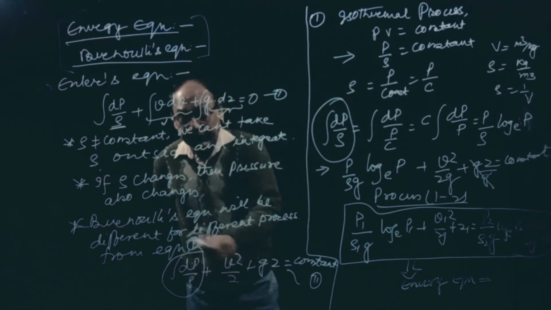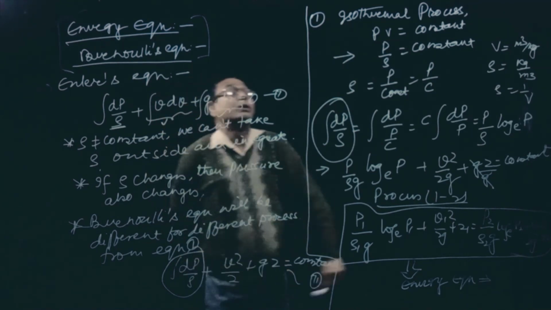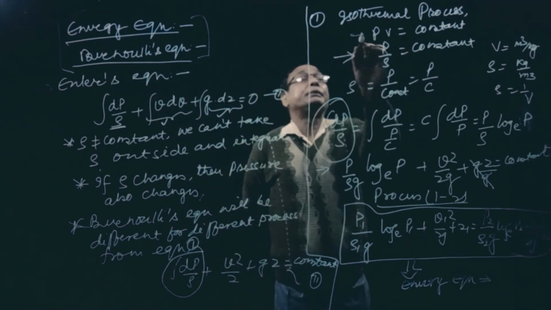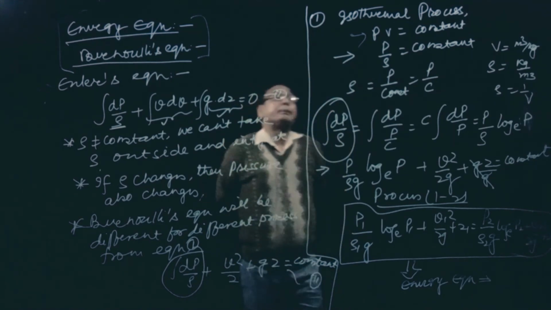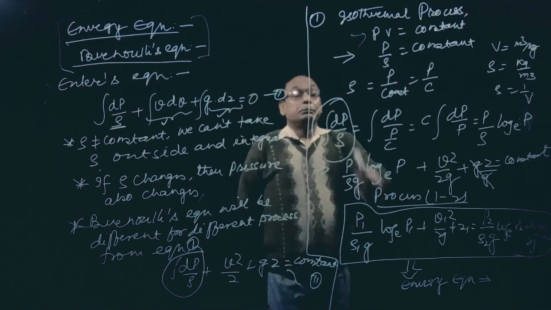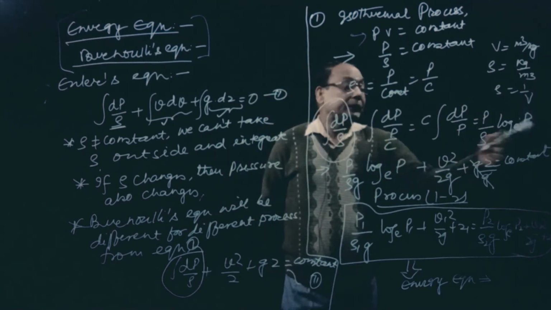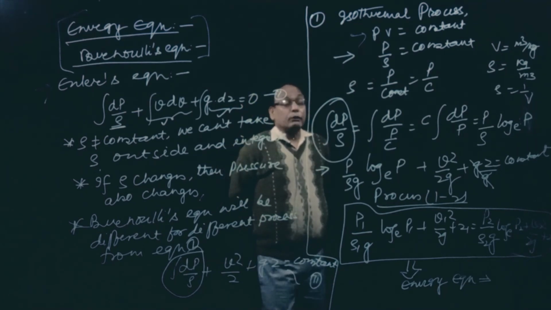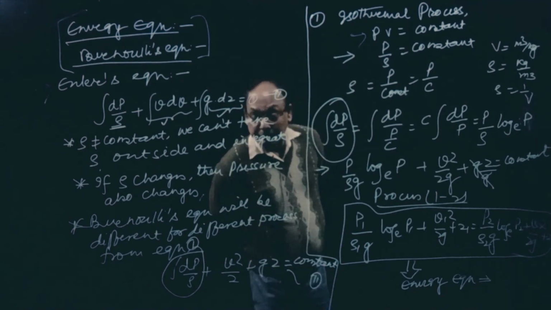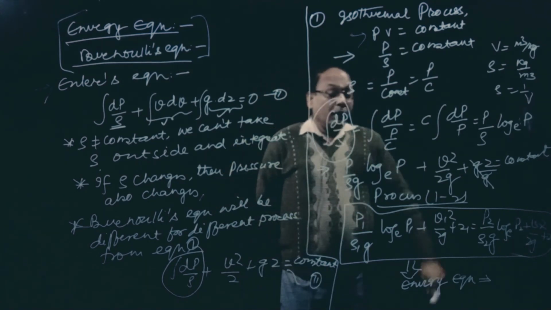Now we have to integrate dP by rho. For the isothermal process, PV is equal to C and P by rho is equal to C, so rho will be P by C. Putting the value, C will go, and dP by P gives log P. So it is P by rho into log P plus V square by 2 plus Gz, constant.